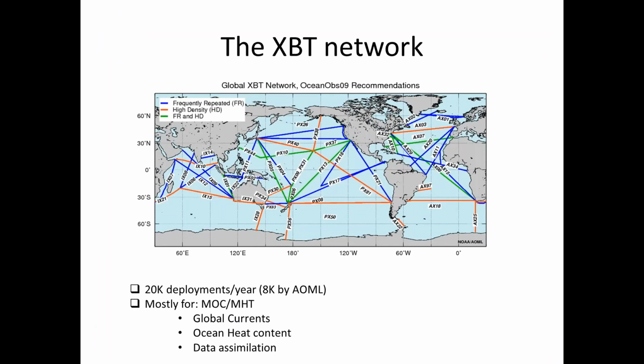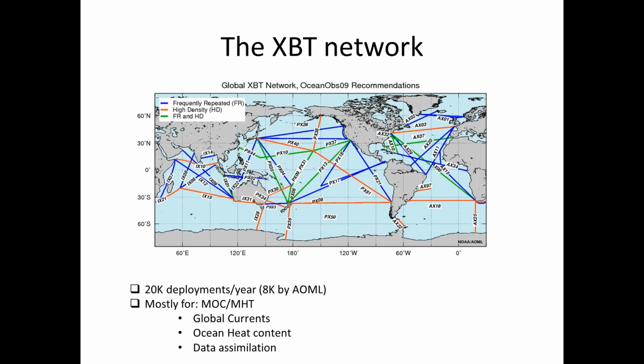This work is also part of the XBT network. The XBT network is a global network of merchant ships that deploy the probes along fixed transect lines. It used to be global, to measure temperature on a global scale, and now we are fixed to transect lines.